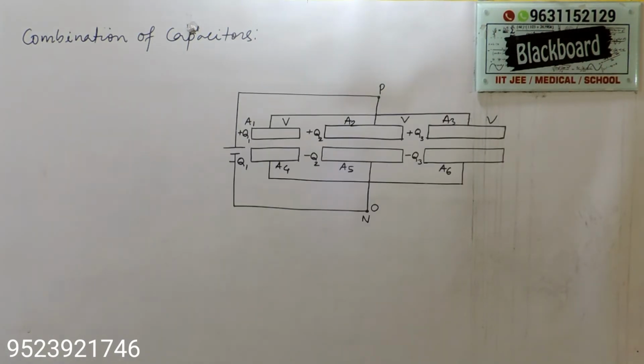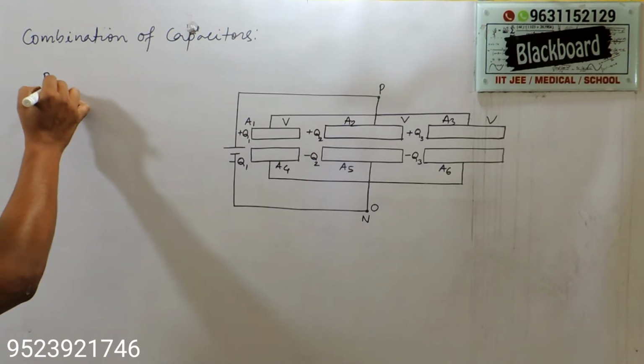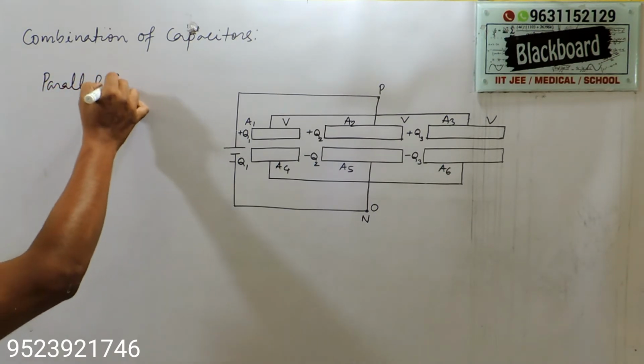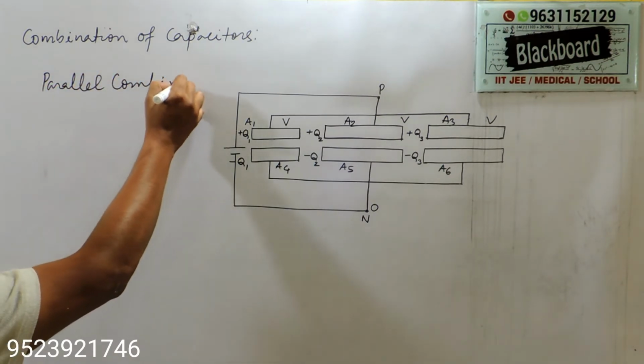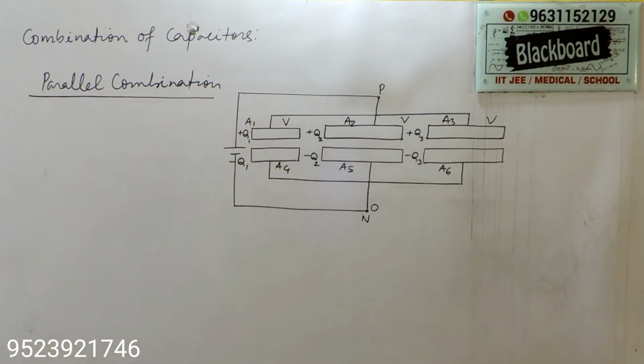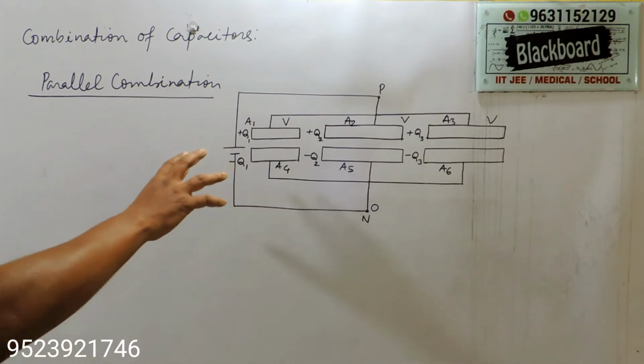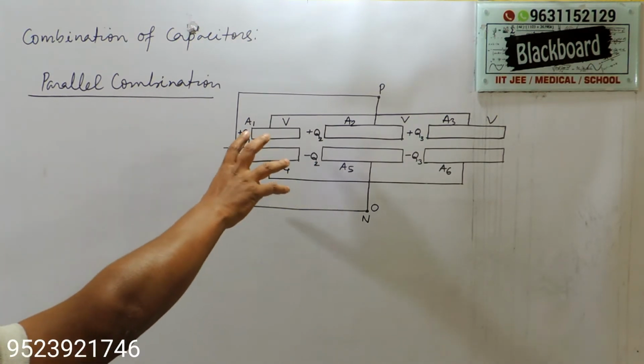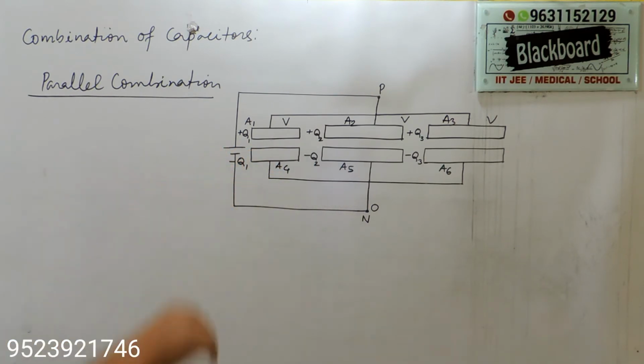Now, parallel combination. Here, 3 capacitors are arranged in parallel. This figure shows 3 capacitors connected in parallel. The capacitances are C1, C2 and C3.